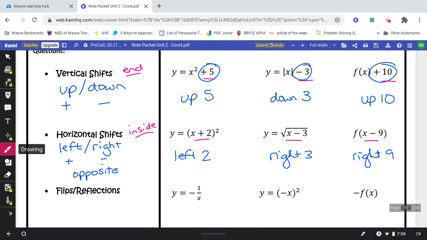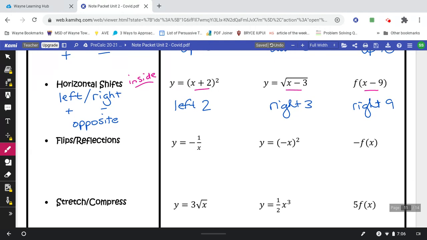The next thing we have are your flips and reflections. That's if you see a negative sign. If you see a negative in front, it's going to flip it up, down. If you see a negative sign inside, it's going to flip the graph from right to left.